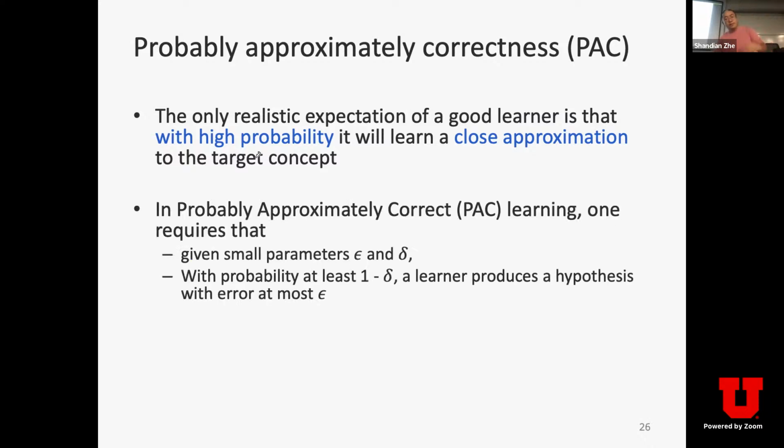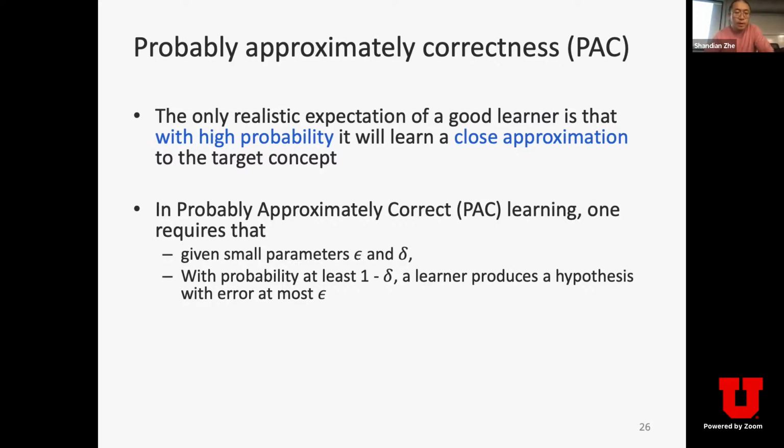And now let us try to give a more precise specification of good learning. Here we're going to introduce this concept called probably approximately correct, or PAC, learning. PAC learning is the criterion for a learning algorithm to efficiently learn some type of target functions. Here's the definition. It's a little bit lengthy, but the idea is quite intuitive.